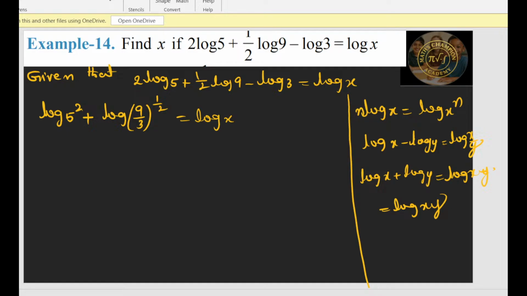Try to comment. Now look at again, log 5 power 2 means it is log 25 plus log 9 by 3 whole power 1 by 2 is equal to log x.